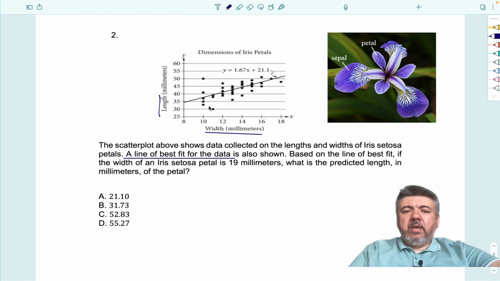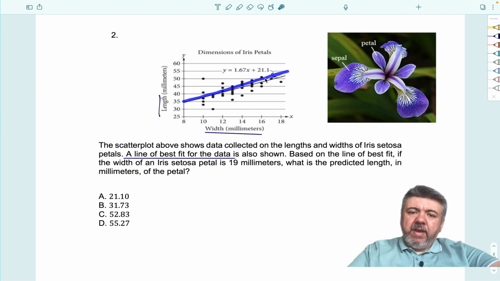So they gather information just looking at different iris petals, and they put them into a scatter plot. And the line of best fit is something like this: the best interpretation as a line of these data. So that means most of the time the data will be around this line.